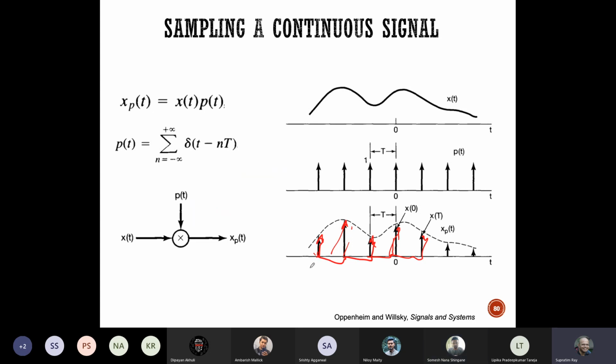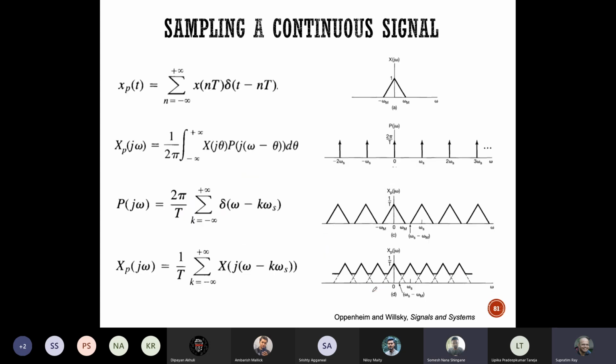So x_c here is x_c at minus t, minus 2t, minus 3t, 0, t, 2t. But I'm going to call this 1, 2, 3 when I discretize it. So the discrete signal has no information about T. It's just 0, 1, 2, 3.